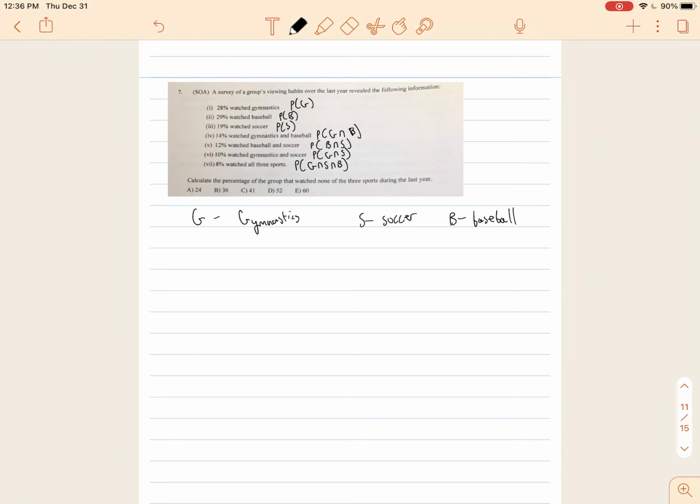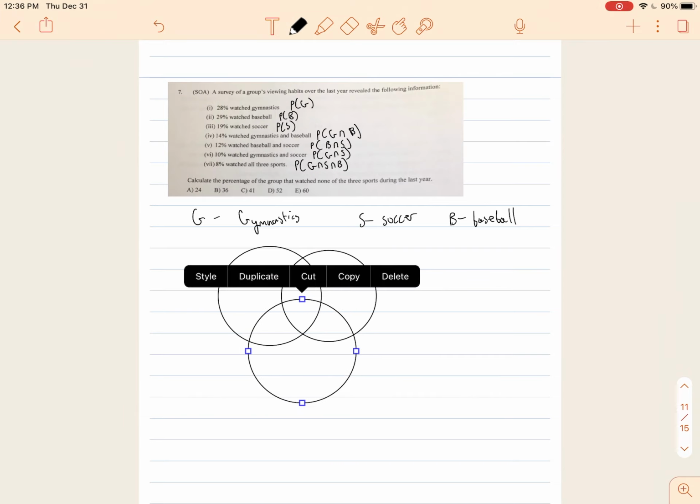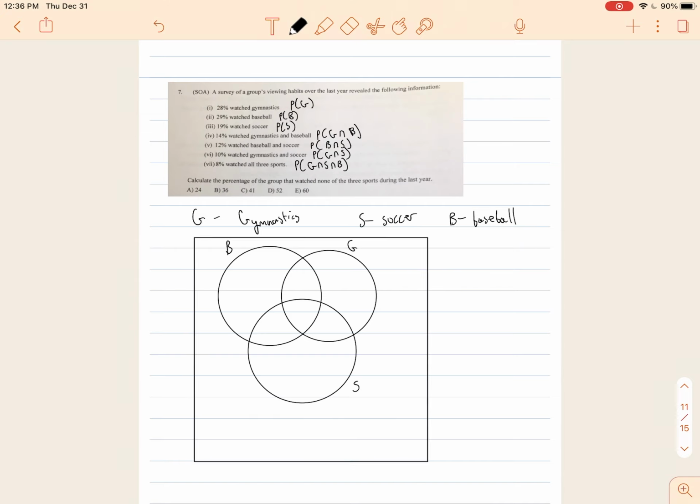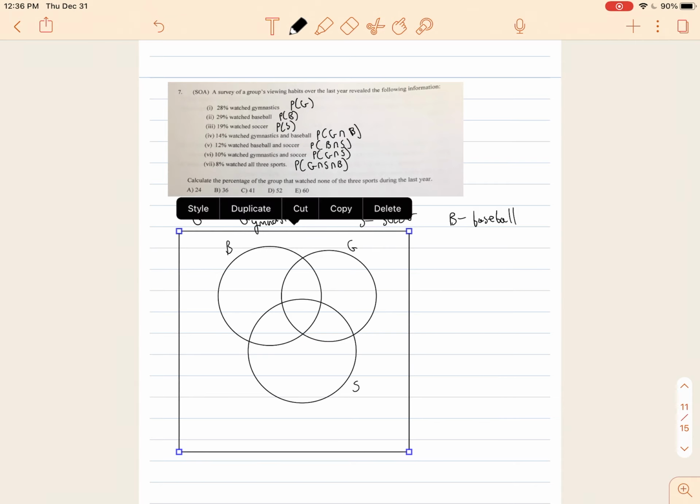Okay? So we can make a Venn diagram. I'm going to do that really quick, just so we can visualize it. You don't need it, but I always find it a little useful. Okay, say this is B, say this is G, and say this is S. Now, what we want to find is basically the area of everything outside of the Venn diagram itself.